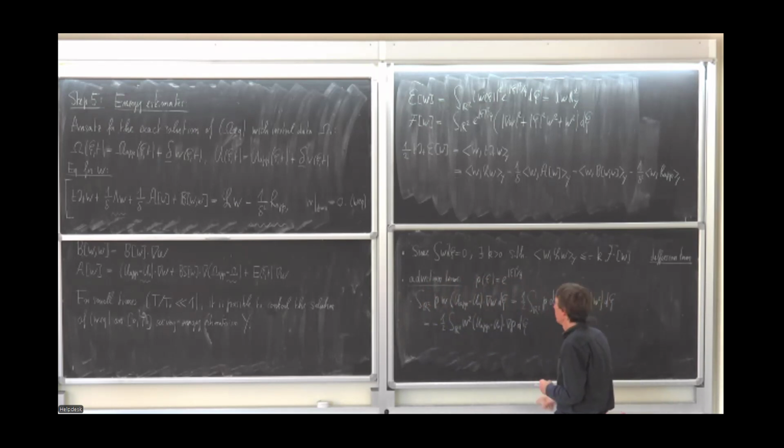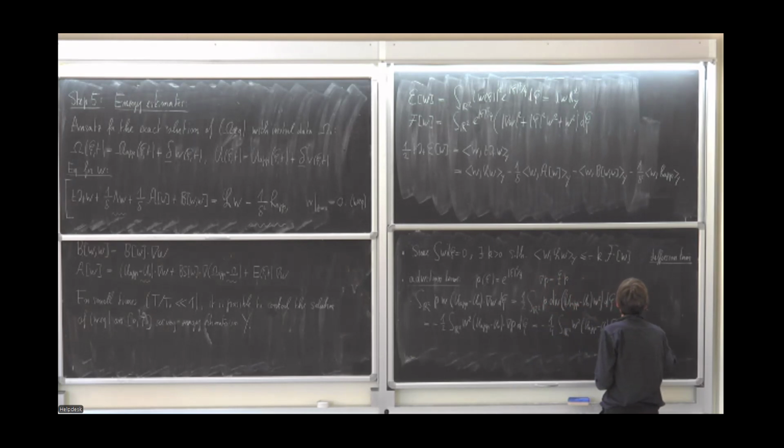Okay, so it's a velocity field, and the gradient of P, as I mentioned, is psi over 2 times P. So finally, it is minus 1/4 integral over R2 of W squared, UR minus U0 dot psi multiplied by the weight P psi.